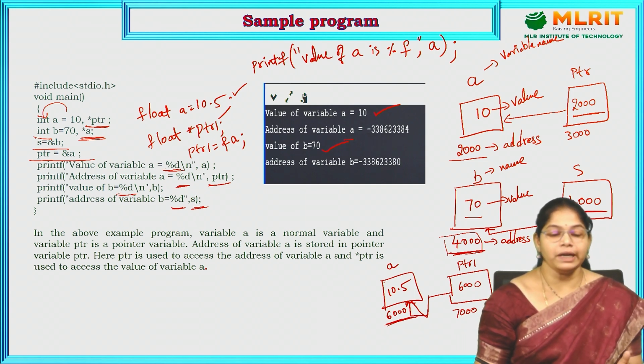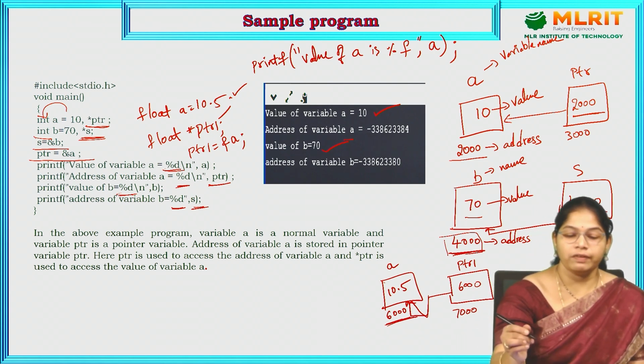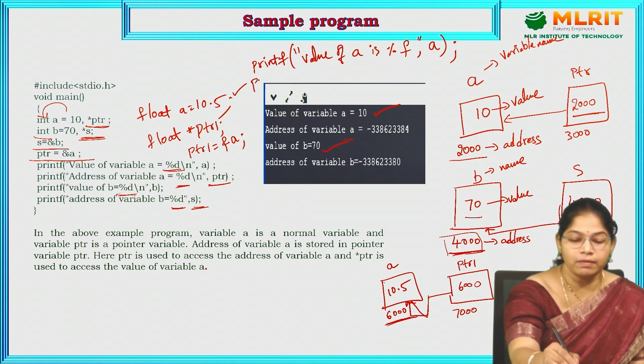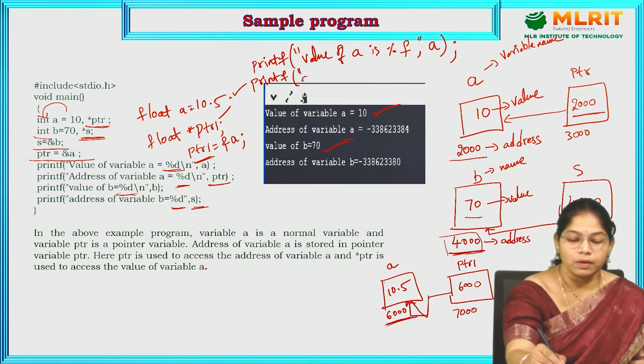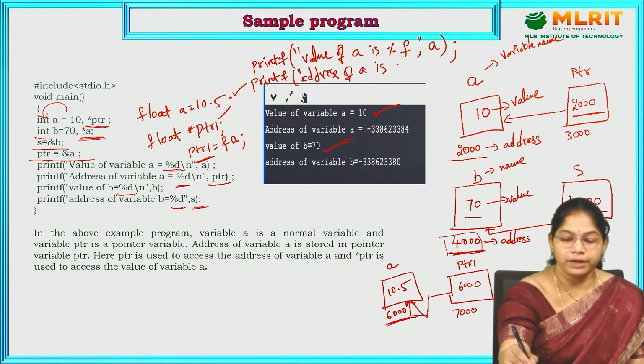If I want to print the address of this variable A, the address of A is stored in pointer ptr1. So address of A is, the pointer is also of type float, so the format specifier is %f, comma ptr1.